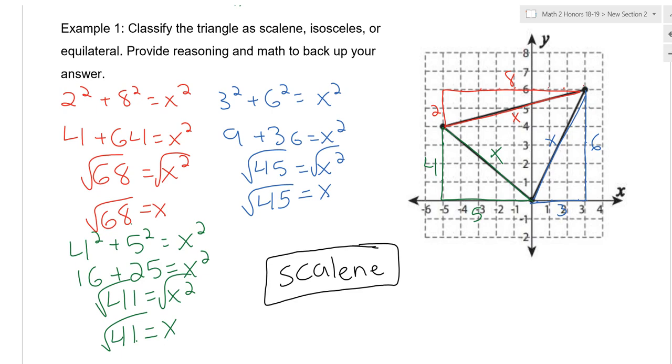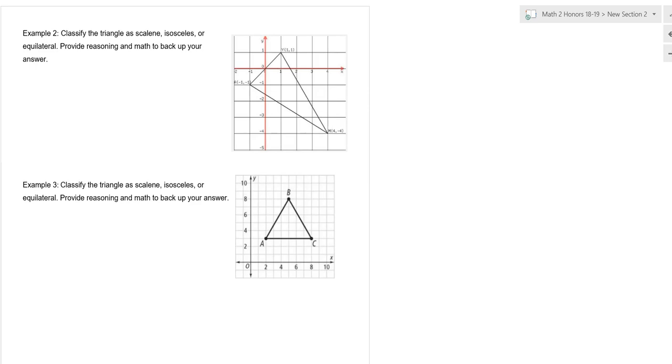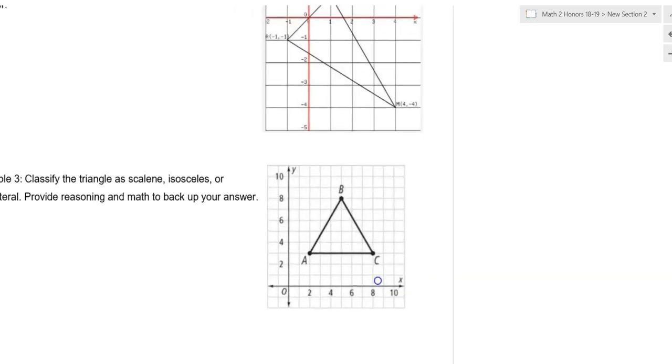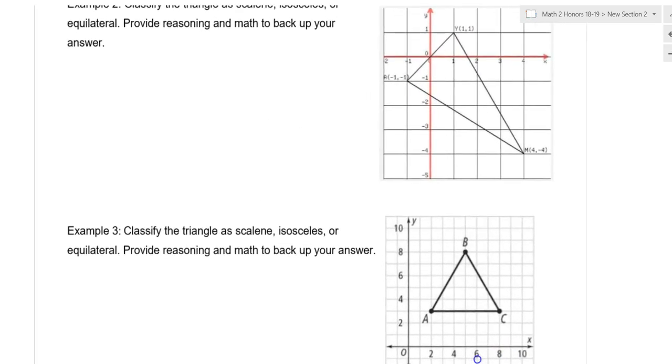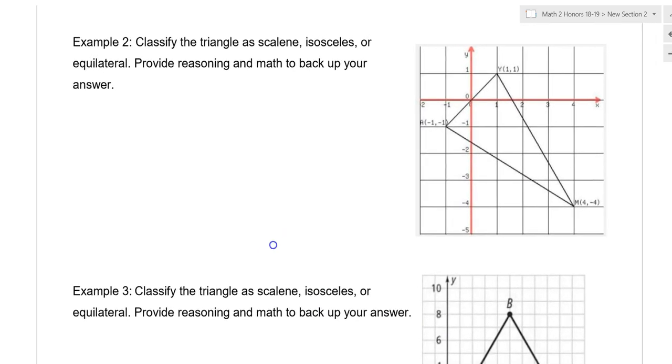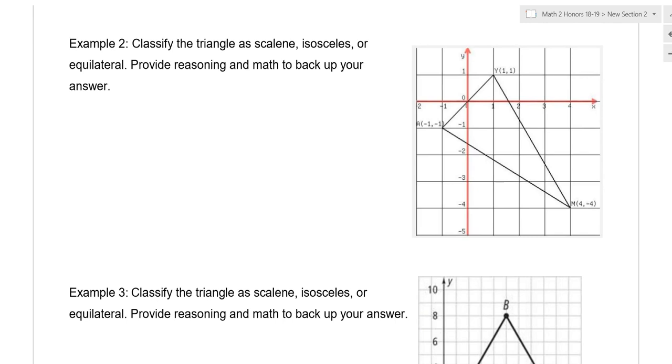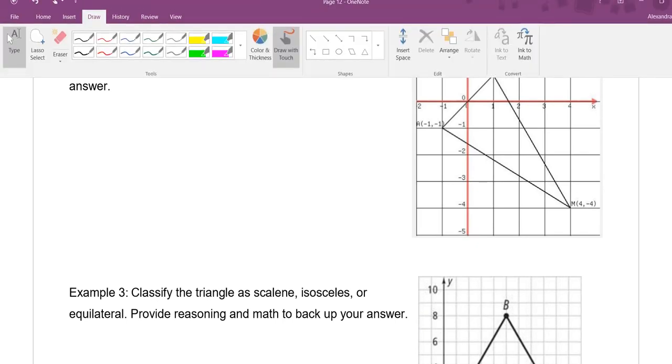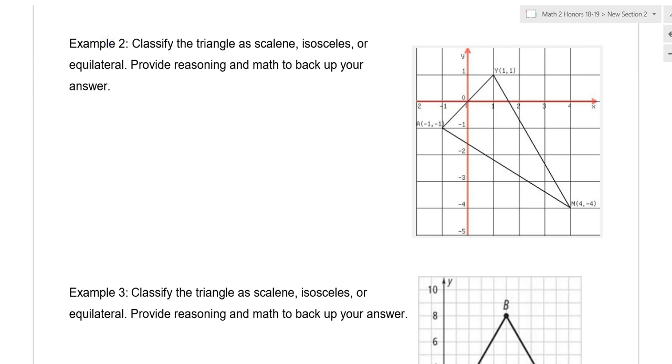All right, looking at our next page. Example 2, classify the triangle as scalene, isosceles, or equilateral. We just have to find all three sides. So we can start with this one, going from here to here, go up 2, over 2.